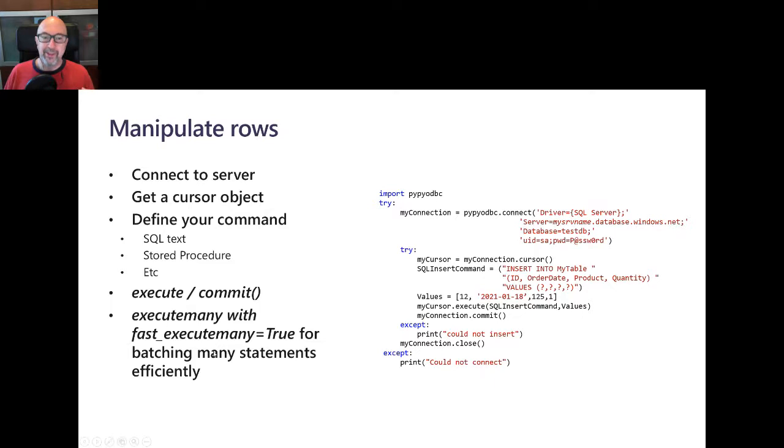So use things like batching. In Python and PyODBC, we have the execute many method and the fast execute many attribute. This attribute is basically packing multiple statements together in a single round trip with the database, and this typically saves you a lot of time in interacting with the database.